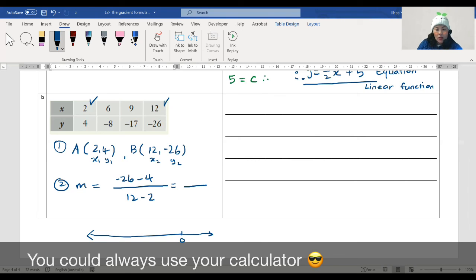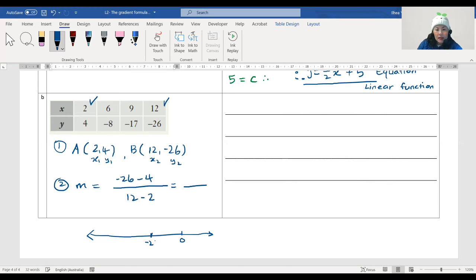Say you're at minus 26 and then you go 4 steps further to the left. Where are you going to be? Minus 30. Or you can just use your calculator. And 12 take away 2 is 10. So your gradient is minus 3. Now that's your answer.